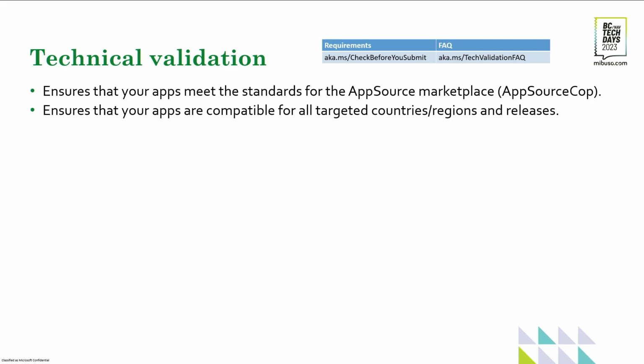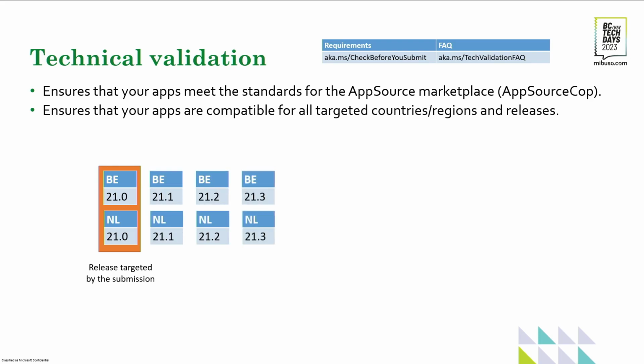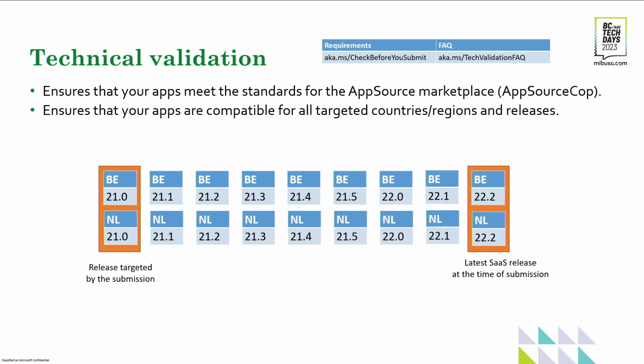It's relying a lot on the AppSource scope, so we're really advising you to enable it in your development pipelines. We're also making sure that your app is compatible for all the different targeted countries and releases that you have specified. As an example, if you're targeting Belgium and Netherlands for version 21.0, so in that case you would have set application to 21.0 in your apps, then we will validate all the combinations of all these apps.